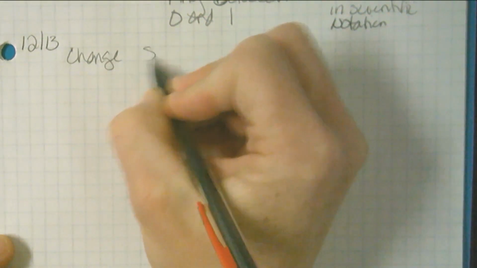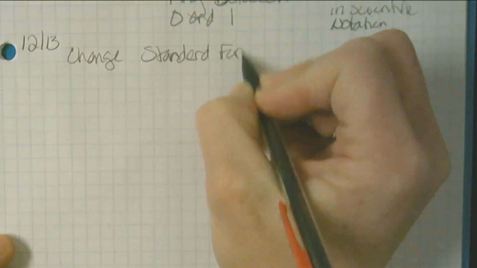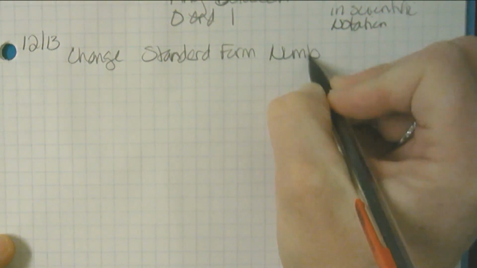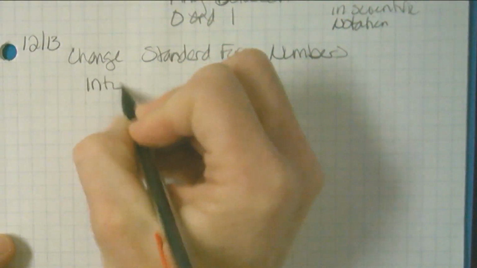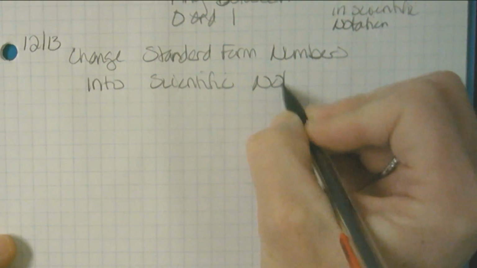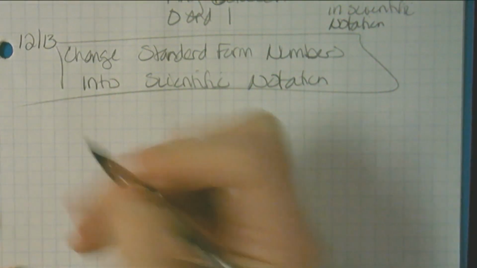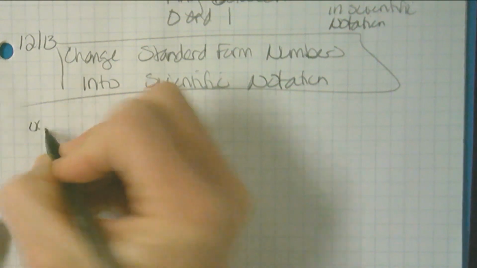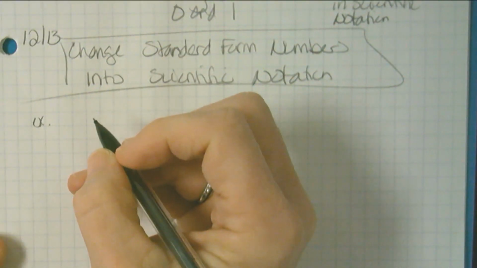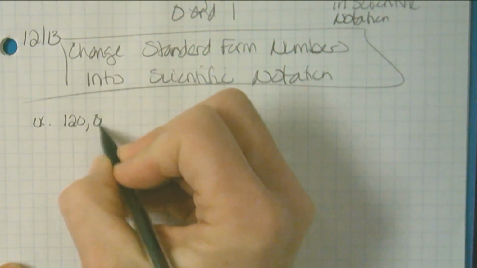So change standard form numbers into scientific notation. All right, I'm going to do a problem to the left with some directions to the right. So let's say, for example, I have 120 million.